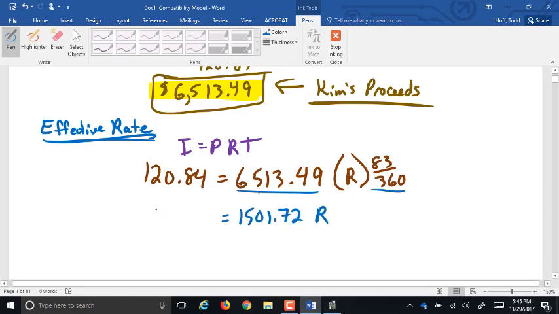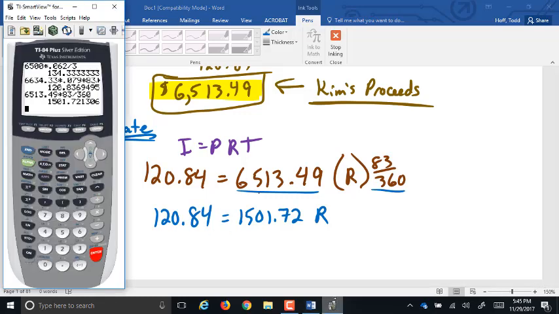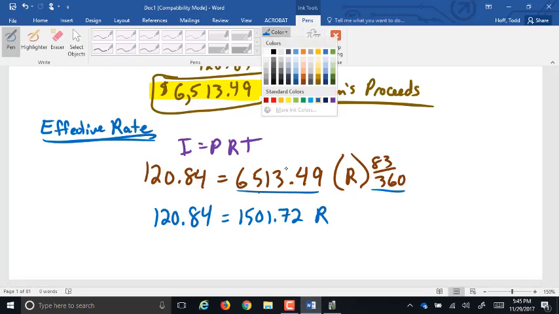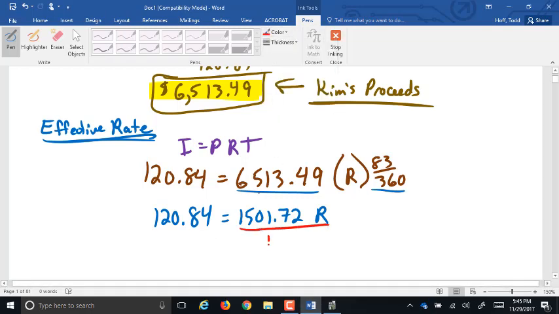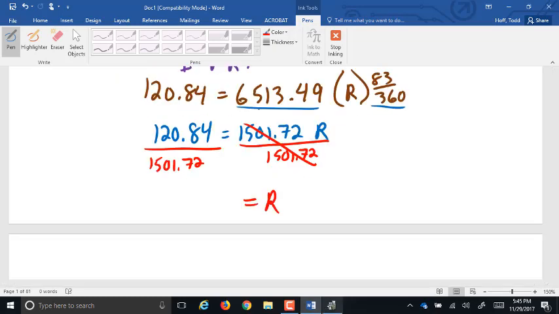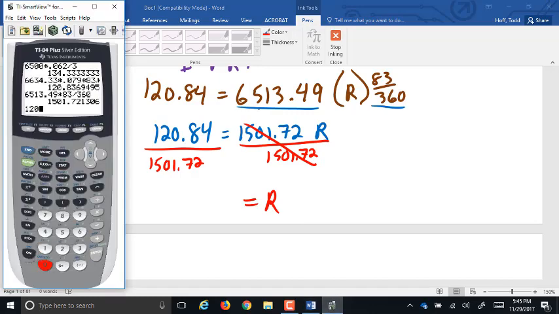Now note, I am not going to hit clear on my calculator. I'm going to leave that on my calculator screen, because now is where I'm going to use that little answer key trick, to keep that in my calculator to get an exact answer. Now to solve for R, I am going to divide by that amount. What I'm actually going to do on my calculator, however, is type in 120.84 divided by second answer. 0.0804.